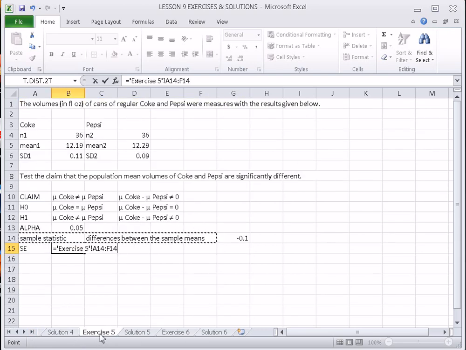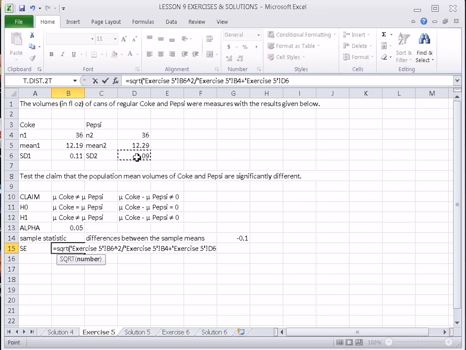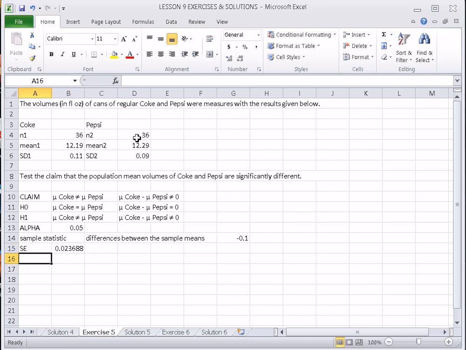So going back to exercise 5, this is going to be the square root of the first standard deviation squared divided by the sample size plus the standard deviation squared divided by the second sample size, close parentheses. And here's our standard error.